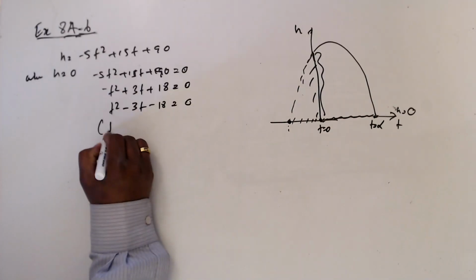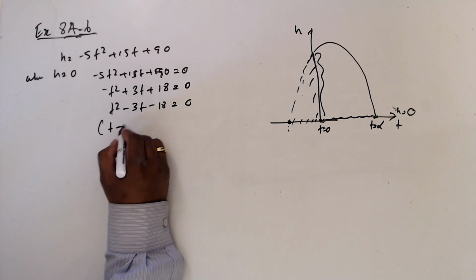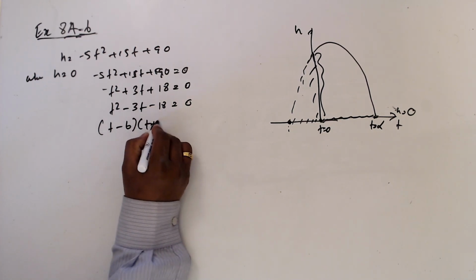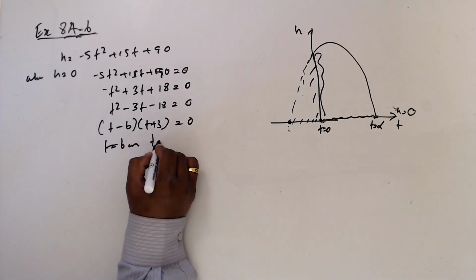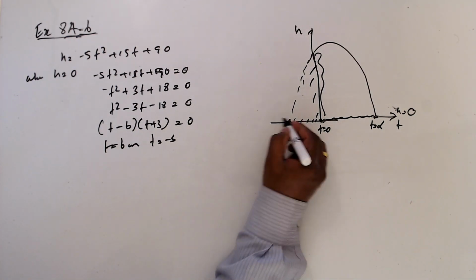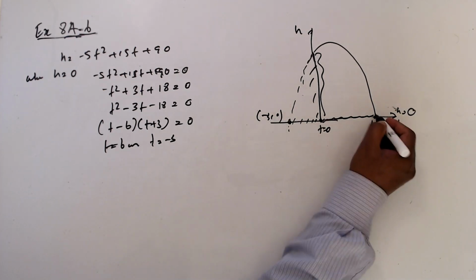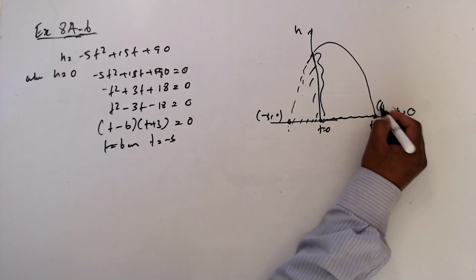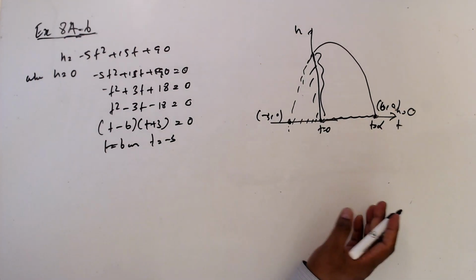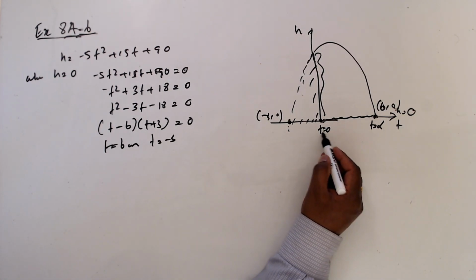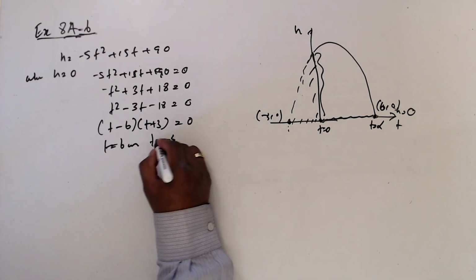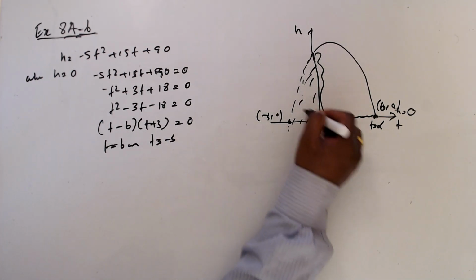So this is t minus 6 and t plus 3, so t equals 6 or t equals minus 3. So these points are minus 3, 0 and 6, 0. This is the answer mathematically, but in practice t can't be negative, and t starts from here.